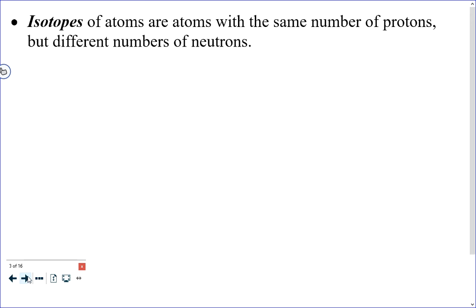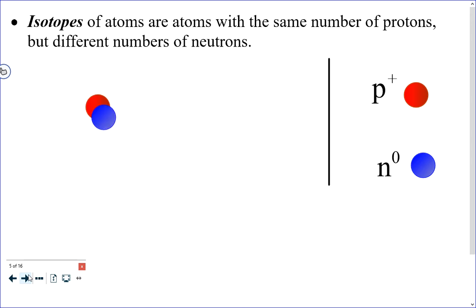Isotopes of atoms are atoms that have the same number of protons, so they're the same type of atom, but they contain within the nucleus a different number of neutrons. So as an illustration, I'm going to be using these spheres to represent protons and neutrons.